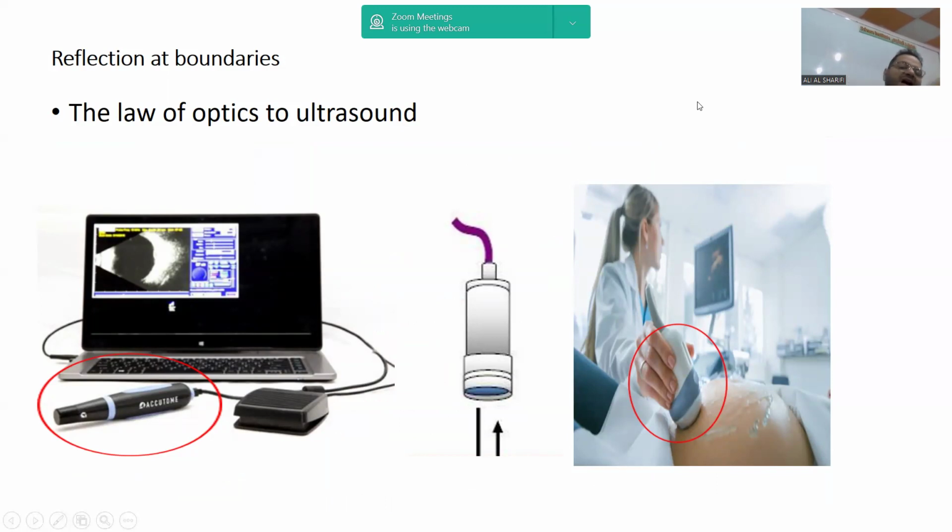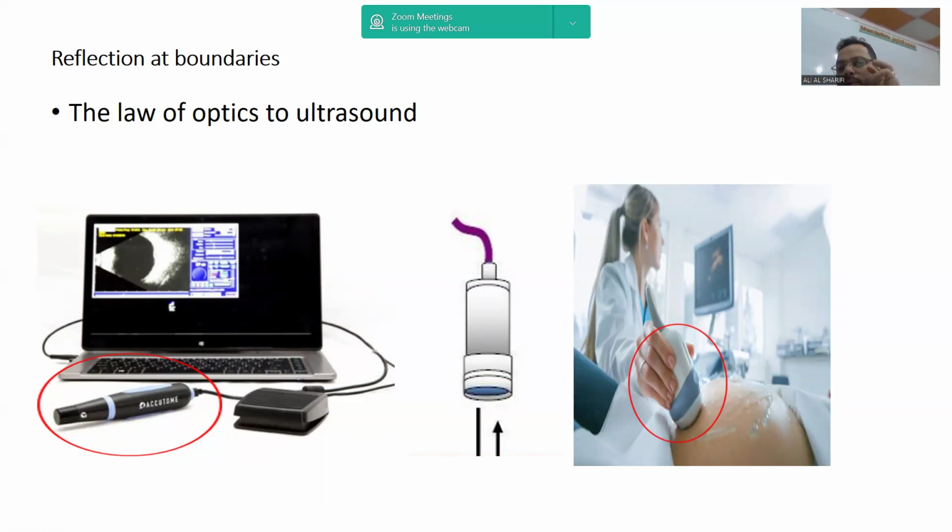Actually, now we have another design of the ultrasound device. Like I remember, we have two kinds, but here it's a general picture. Let's take the general idea, the law of optics applied to ultrasound.